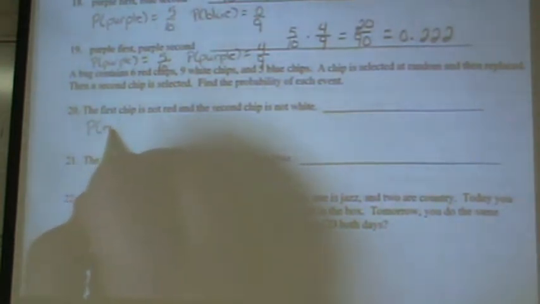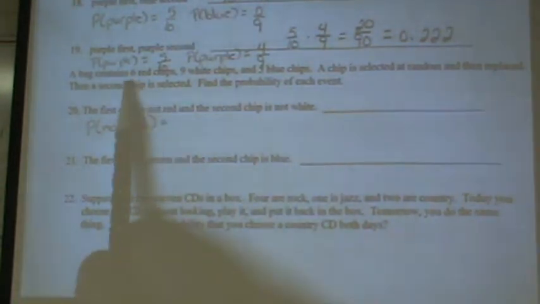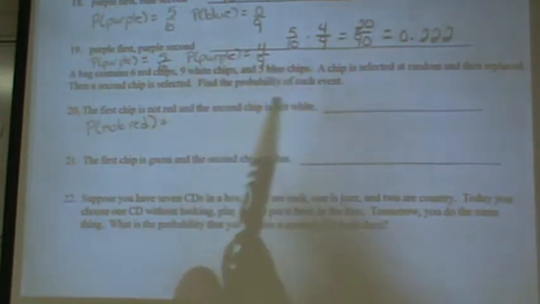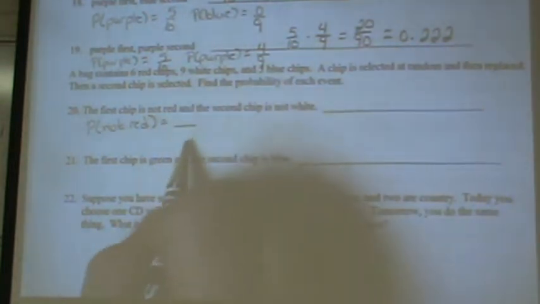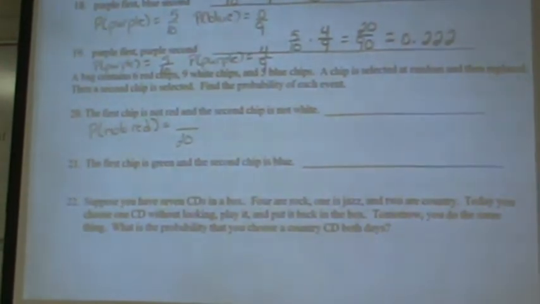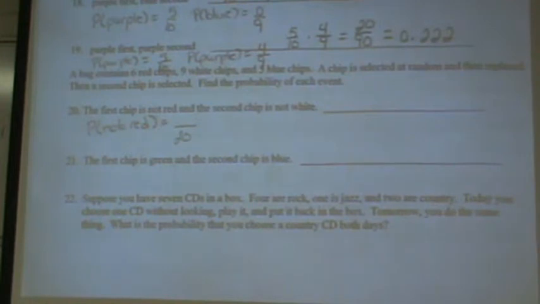So probability of our first chip not being red. So we have 6 red chips, 9 white chips, so that's 15, plus our 5 blue chips. So we have 20 chips total. And we don't want our first pick to be red.